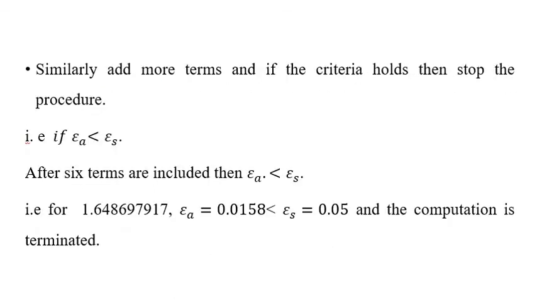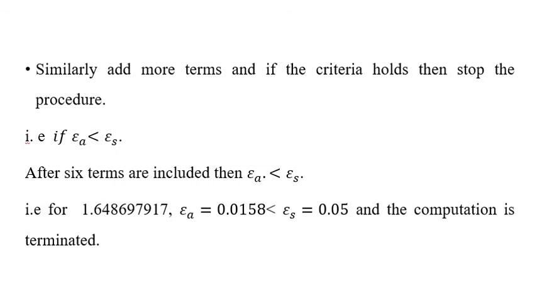Similarly, if we add more terms, and suppose that the criteria holds, then we can stop the procedure. That is, whenever epsilon a is less than epsilon s. So add 6 terms. After 6 terms we can consider that the criteria is achieved, that is epsilon a less than epsilon s.